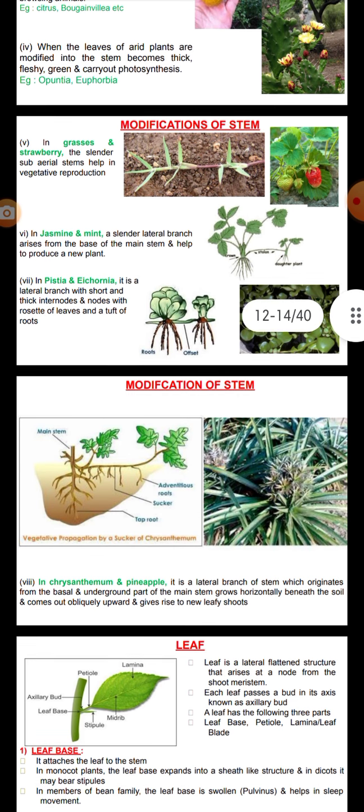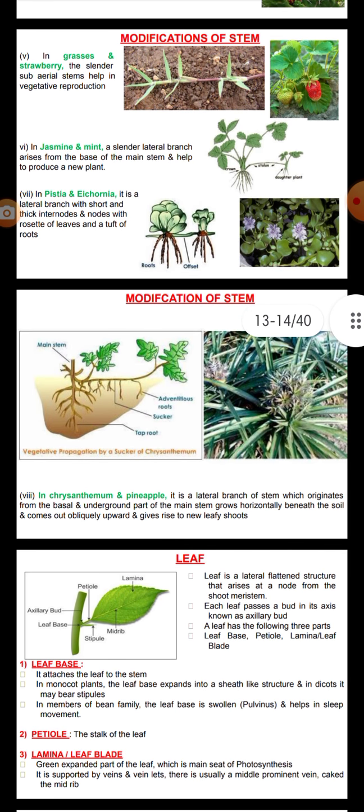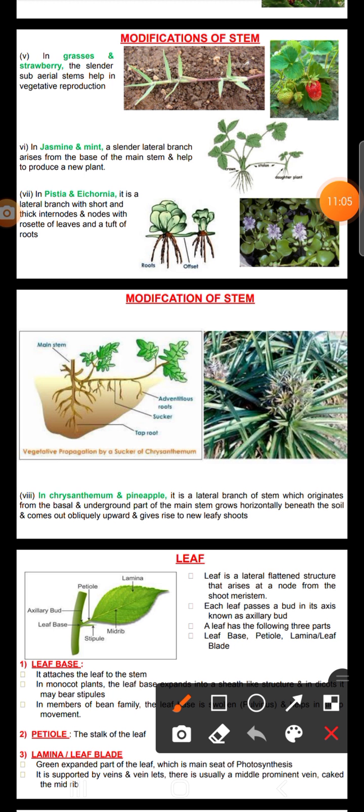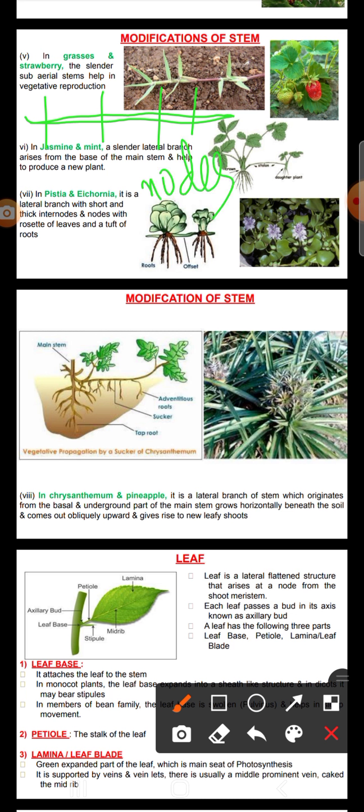Next we have, in case of grass plants and strawberry plants, the stem on the subaerial part runs on the ground. The stem starts running on the ground like this, and on the ground you see the nodes. These are the nodes, and wherever you have the nodes, you see the plant growing like this.